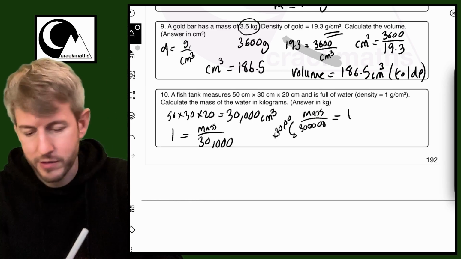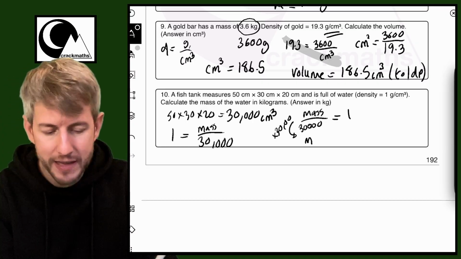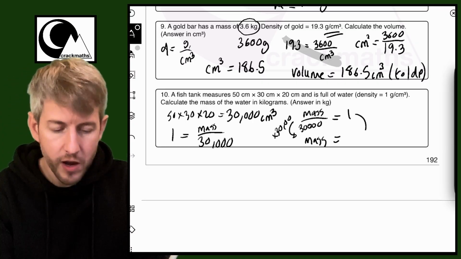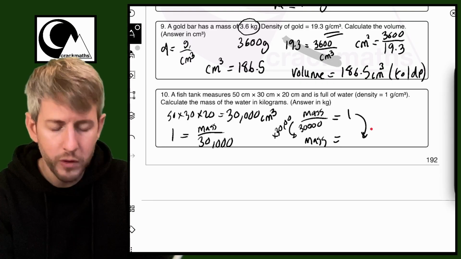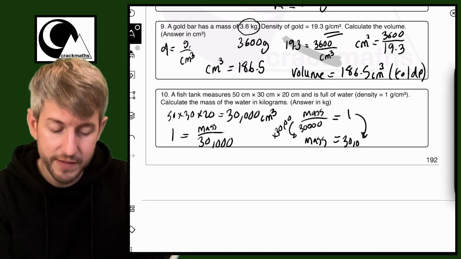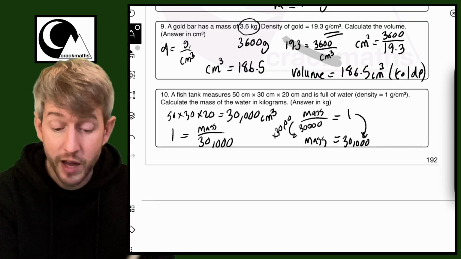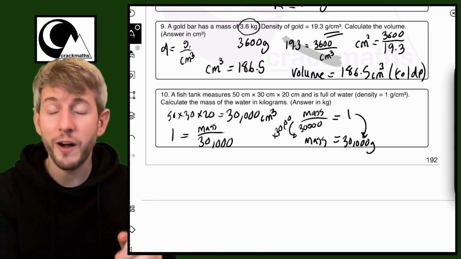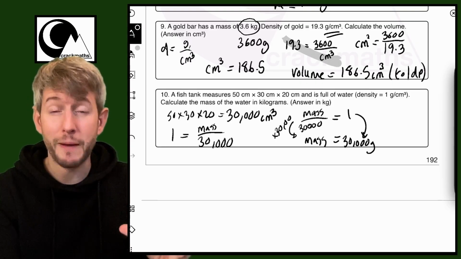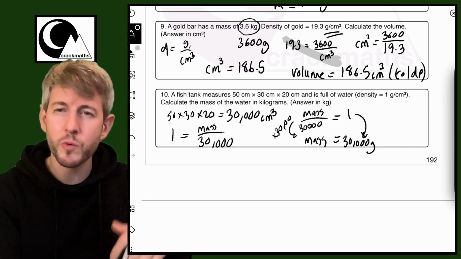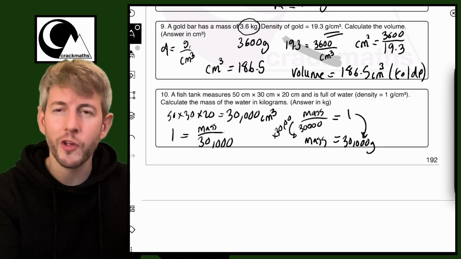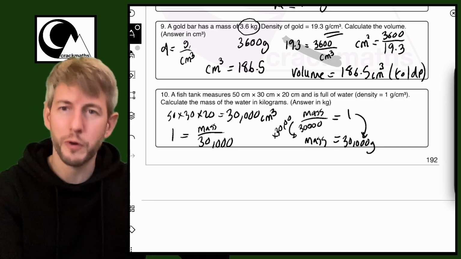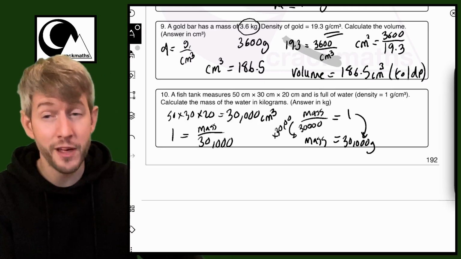I times this by the 30,000 as well. 1 times 30,000 just gives us 30,000. So the mass is 30,000 grams. Now, every 1,000 grams is a kilogram. So 30,000 is 30 lots of 1,000. Therefore, it's 30 kg.